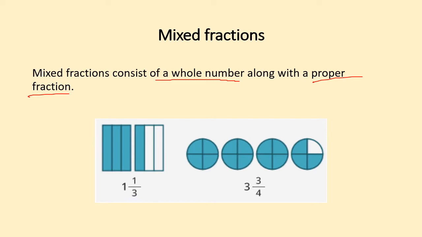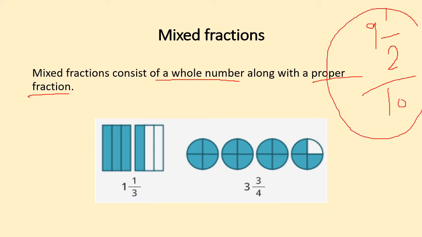here are some examples of mixed fractions. Like, imagine you had a test and you got 9.5 out of 10. So this 9.5 is an example of a mixed fraction.